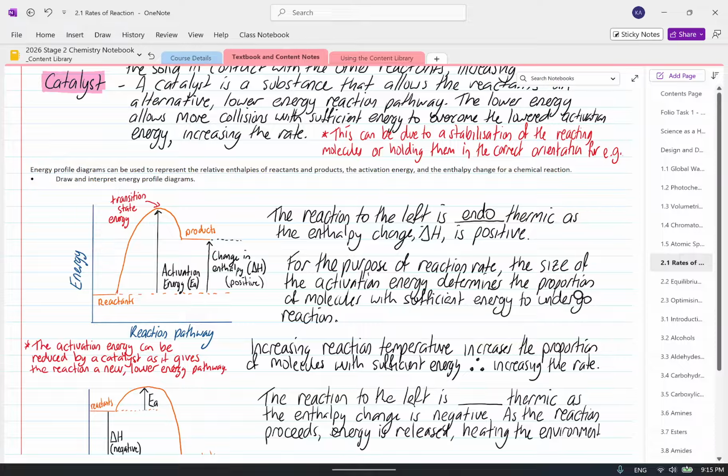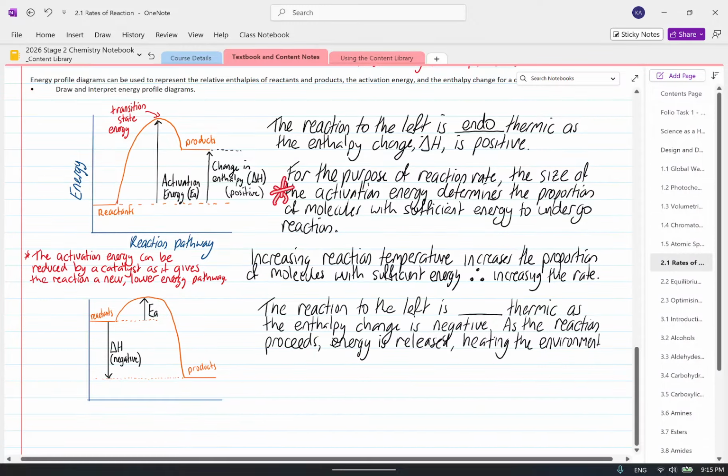Some really low energy, some really high, but it'll be centered around a certain amount. The important point is that there will be some molecules at any temperature with more energy, and so you will get some that have enough even at a lower temperature. Now, this bit I just spoke about will become a bit more obvious when we talk about equilibrium as well.